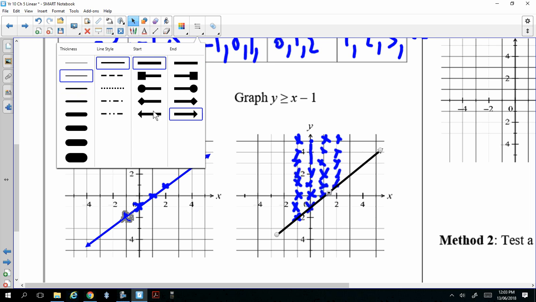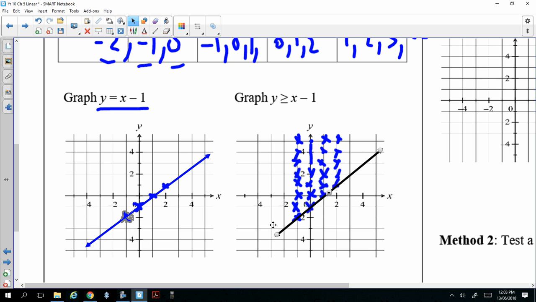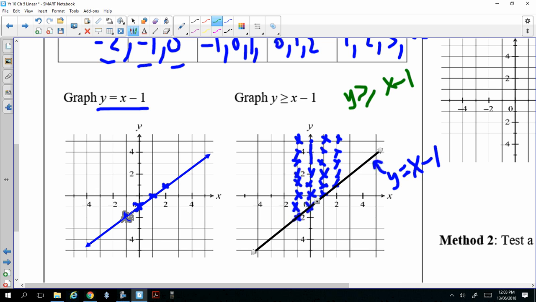You find that it is going to be above this line. This line is the same graph I drew before. This line is y equal to x minus 1, right? But the region I'm shading, y greater than or equal to x minus 1, refers to everything here.